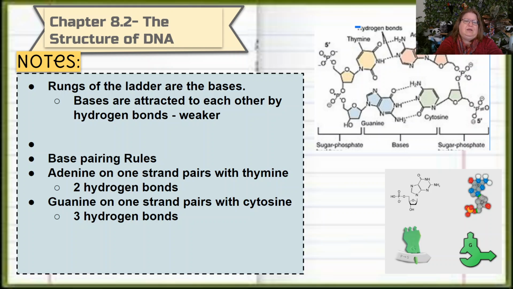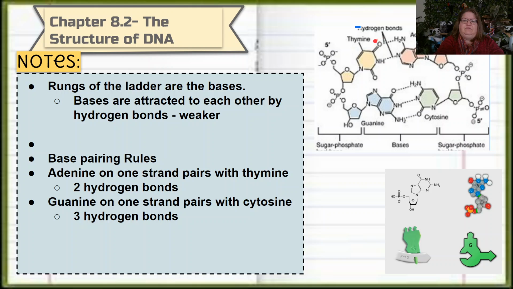These are complementary, not complimentary like you're giving somebody a compliment, but complementary like you're completing it. So just like a puzzle piece is complementary to another piece of the puzzle, adenine and thymine can only bond to each other nicely.